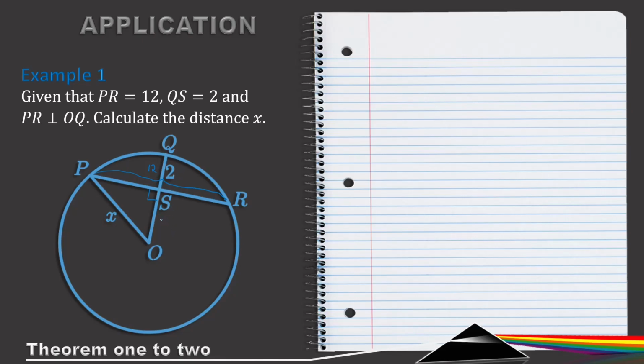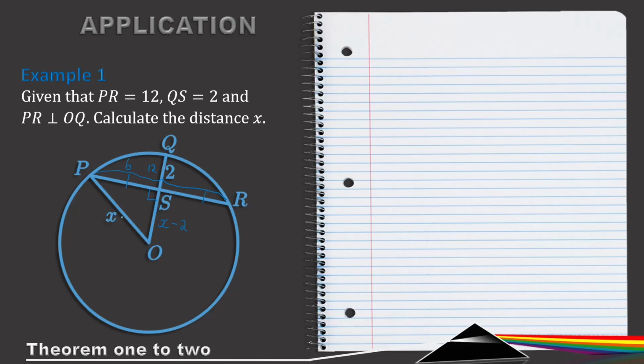So this is going to be x minus 2, all right? And then to find PS, we know that the line from the center of the circle perpendicular to this chord bisects the chord, which means that PS is equal to SR, which then means if PR is 12, that PS is 6.